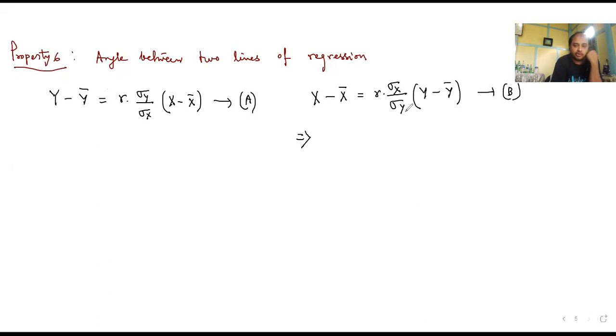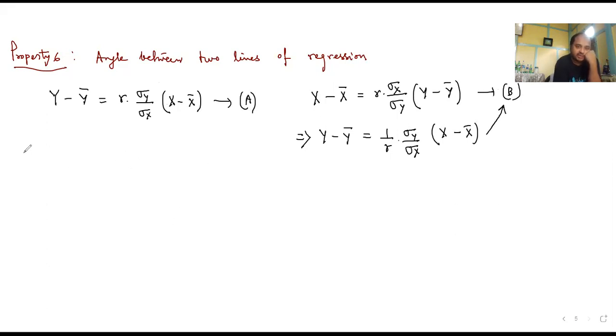To do this, I want to express this regression equation as y minus y bar equals 1 by r into sigma y by sigma x into x minus x bar, so that in both equations y minus y bar remains on the left hand side. Okay, so this is another form of equation B.